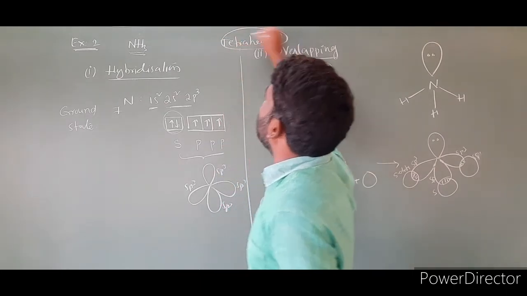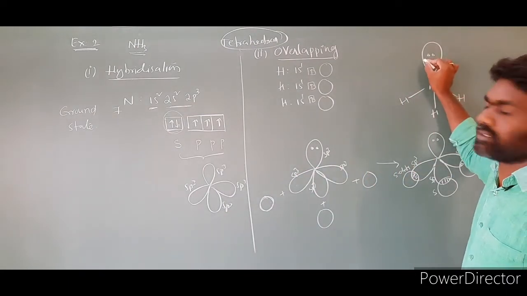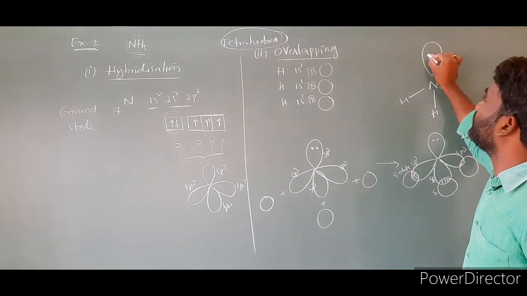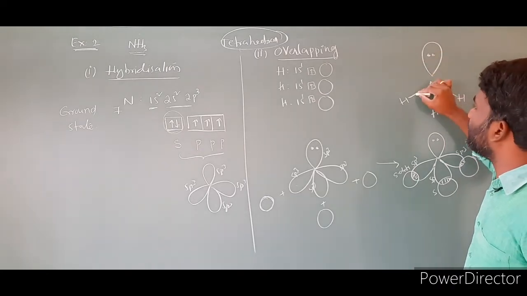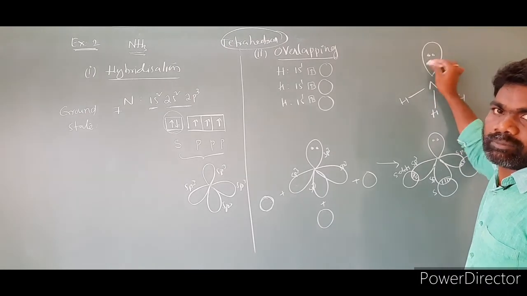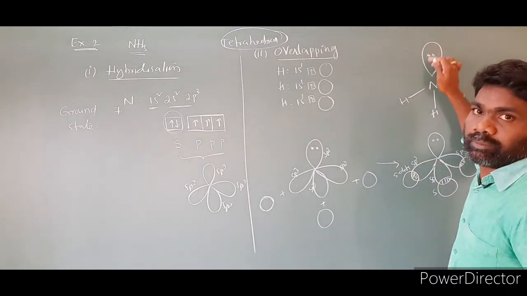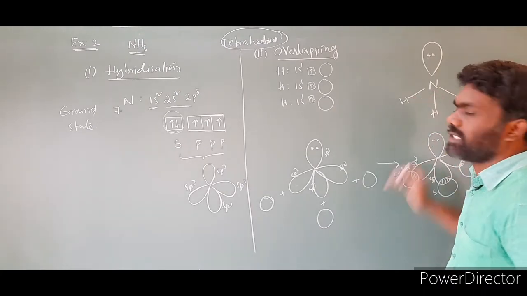What is the shape we have to take? Tetrahedral. But in this case, due to the presence of a lone pair, lone pair-bond pair repulsions will operate. There is only one lone pair, so lone pair-bond pair repulsions and bond pair repulsions are there.